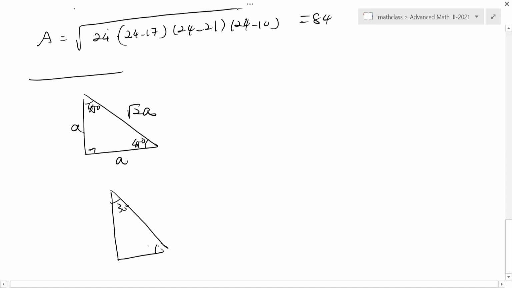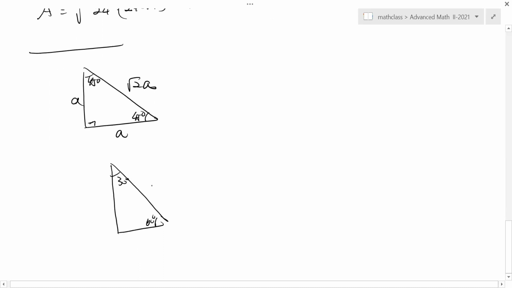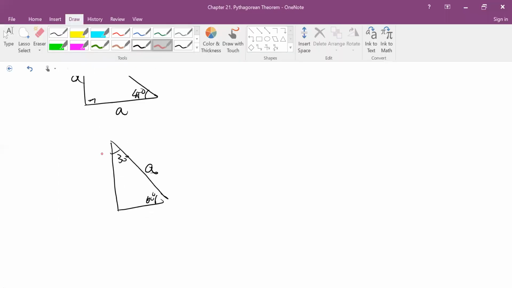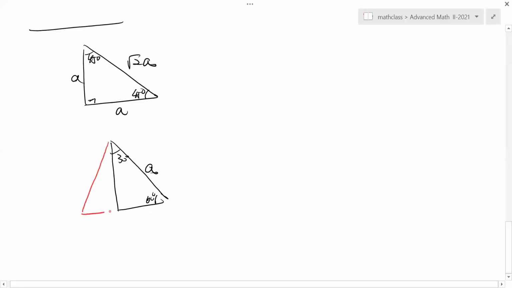Now I really want to know this special triangle, 30 degree and 60 degree. So how can we find the relationship? If I denote this side by A, can you determine the other two sides? The idea is simple. I may duplicate this triangle and put it on the other side.